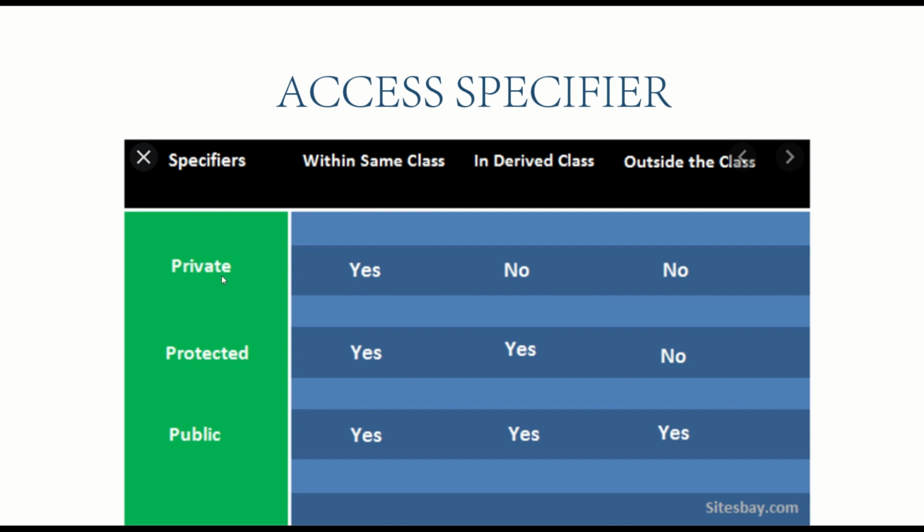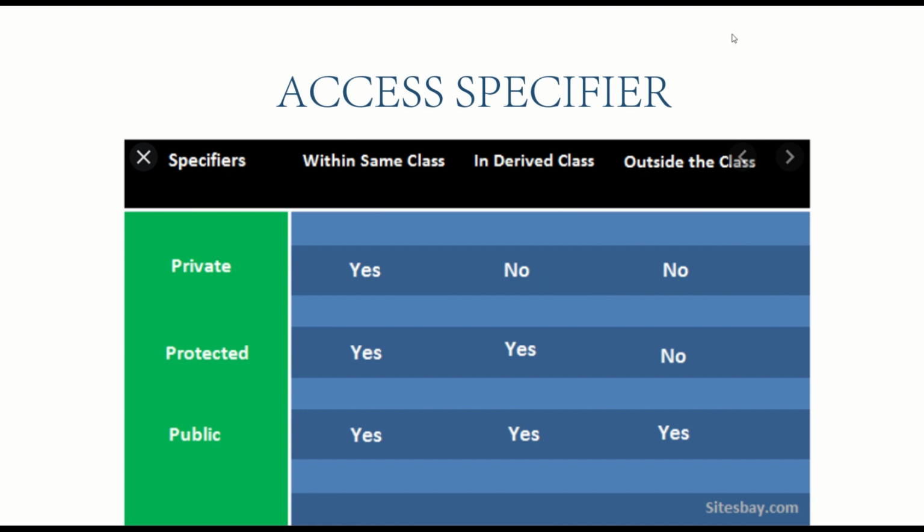If you are using a private access specifier, you can access those data members and member functions within the same class, but not in the derived class and also not outside of the class.